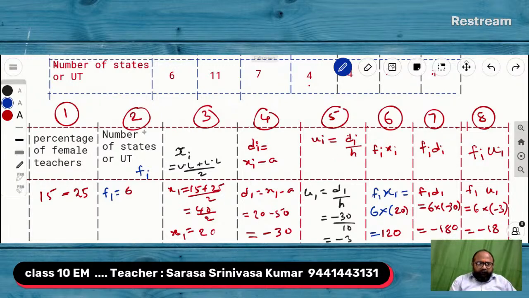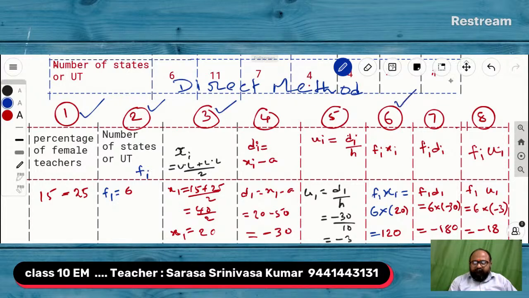Once again, for the direct method, you require column 1, column 2, column 3, and column 6 only.